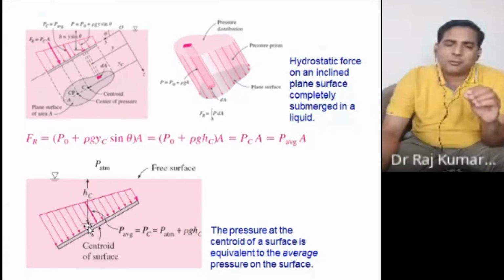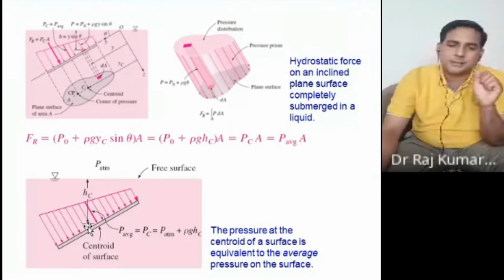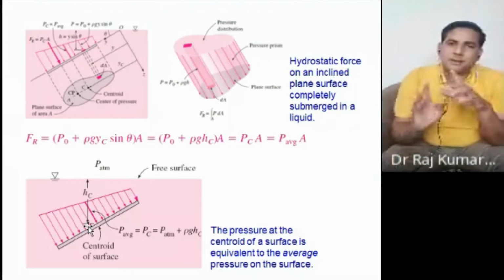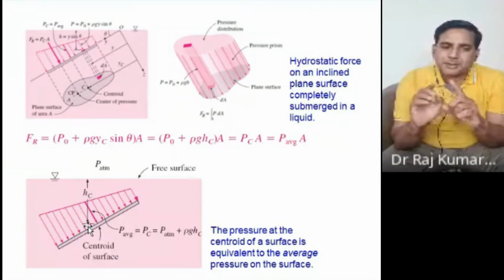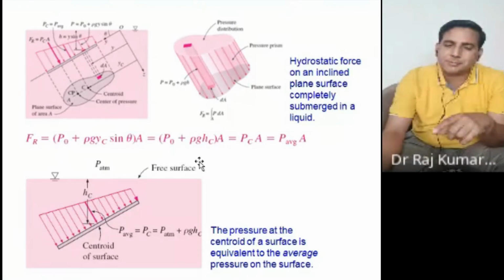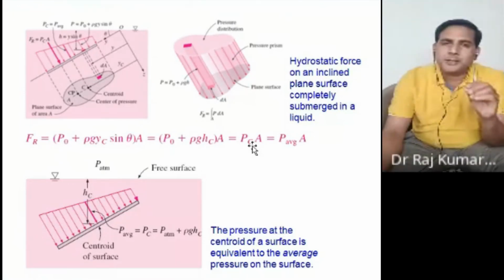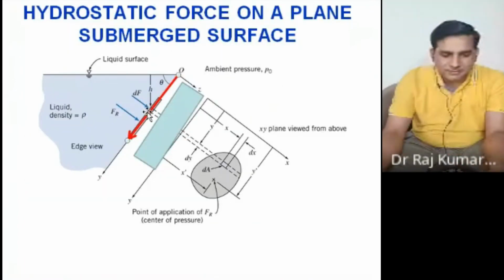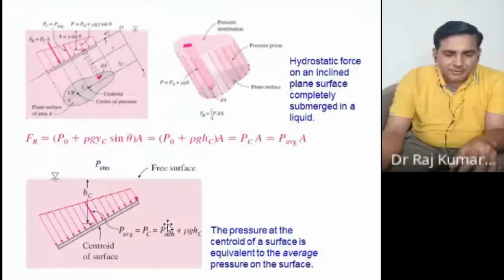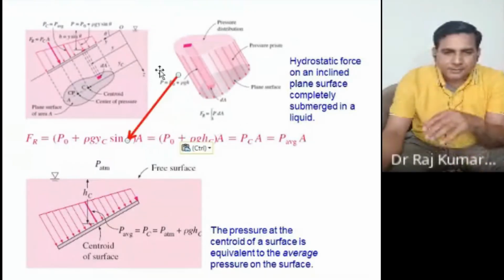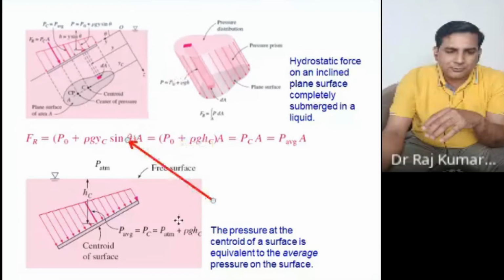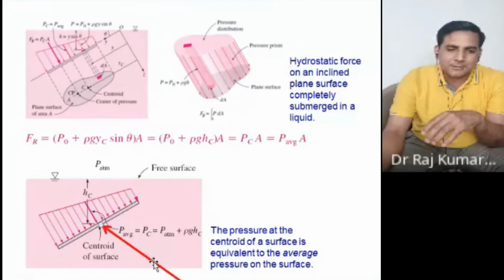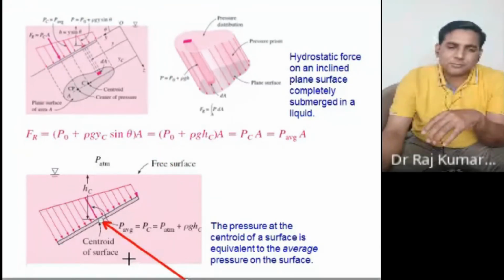At what particular point would this net force act? So far we have just calculated the resultant force. This would be this much. Do we know at which point this net force would act, so that we can balance it by putting some force from outside somewhere? Just like this, this is your figure. Now somehow I want to support this particular wall, yes or no?